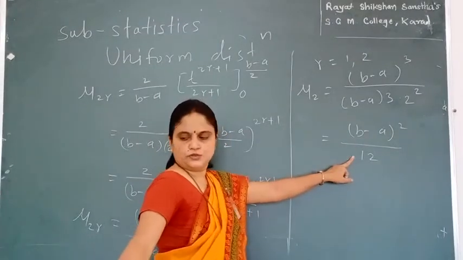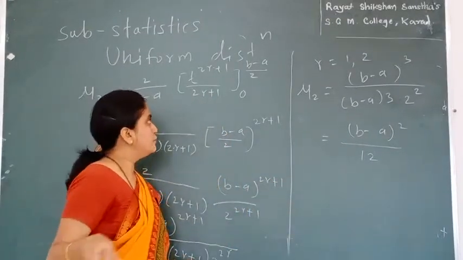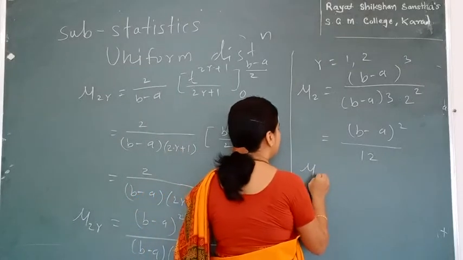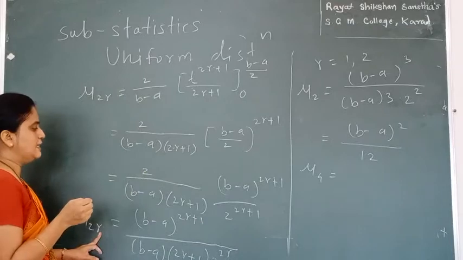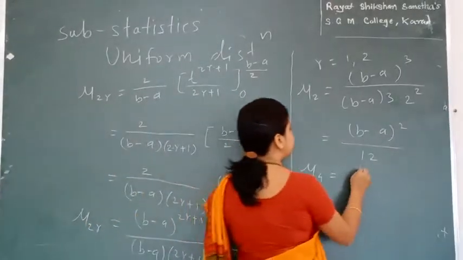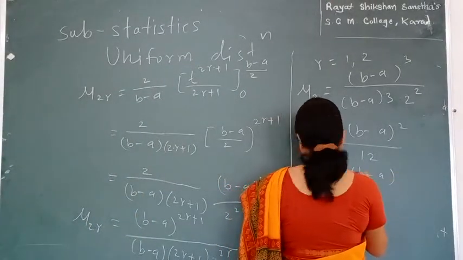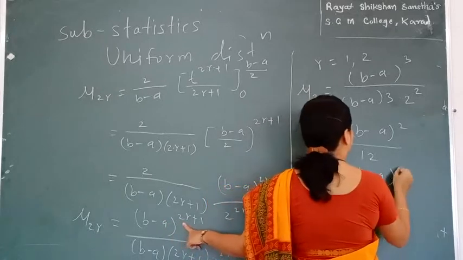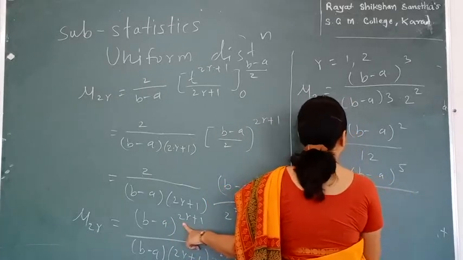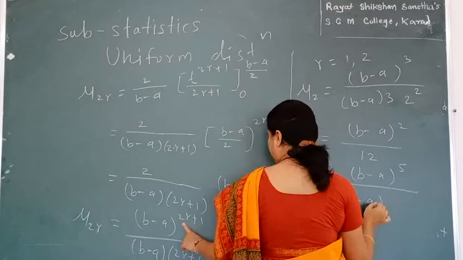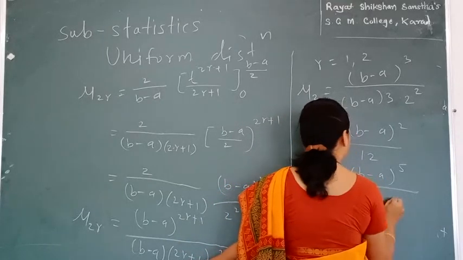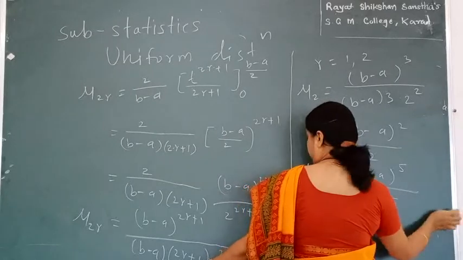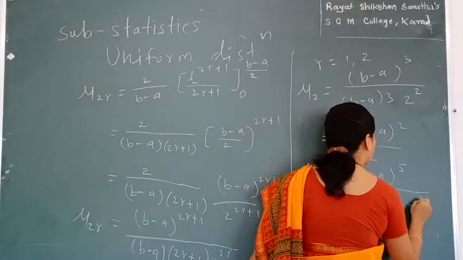We see that mu 2 is nothing but the variance of x, and it comes as the variance of the uniform distribution. Now after putting the value of r as 2, we get mu 4 which is equal to b minus a raised to power 5 upon b minus a. Then instead of r I put the value as 2, we get over here 5 and 2 raised to 4.